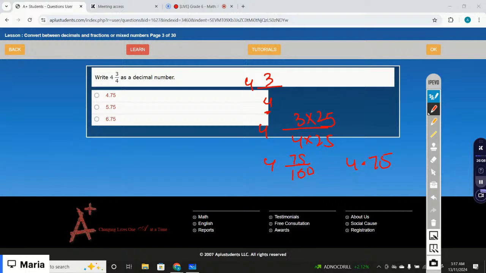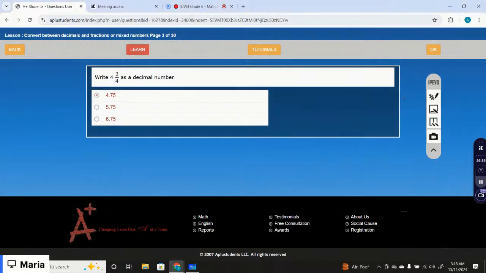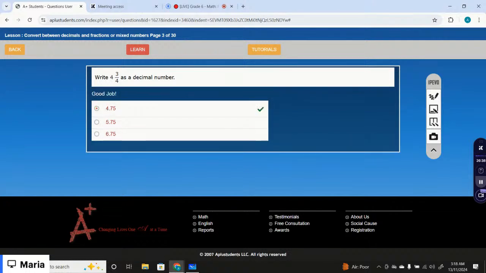Option number 1 is the correct option. Got it? Any question you can ask.